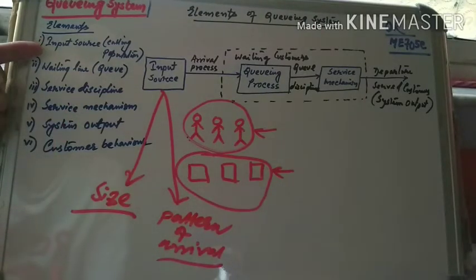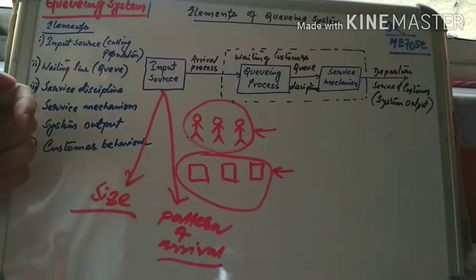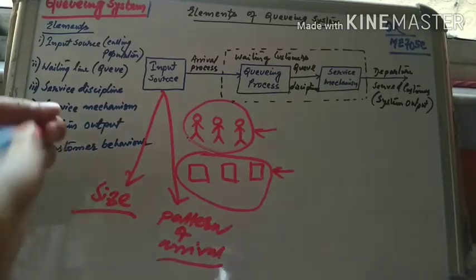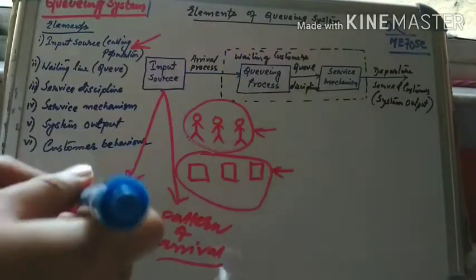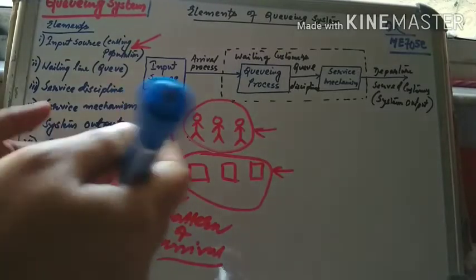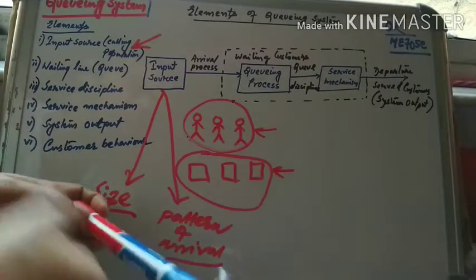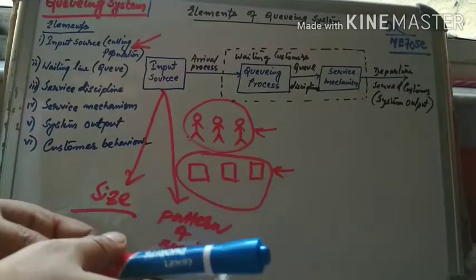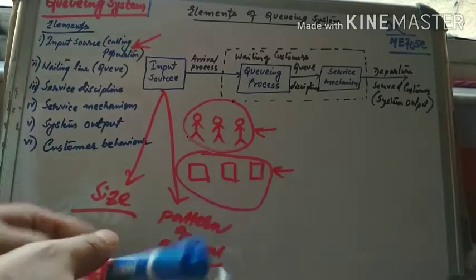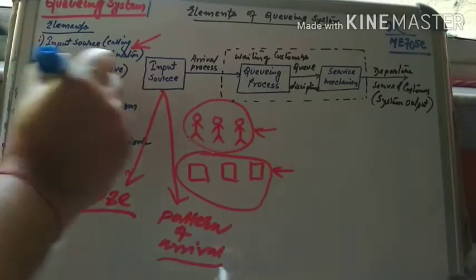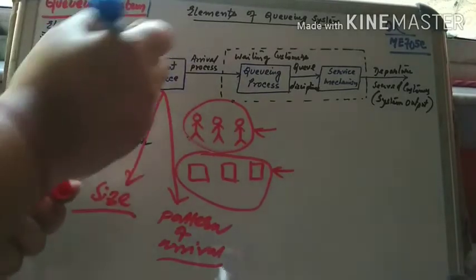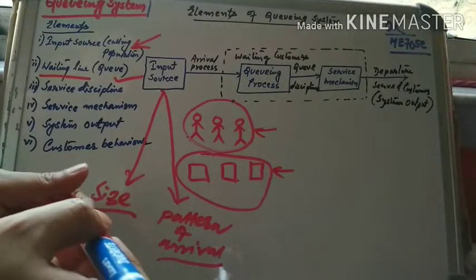First of all, it is the input source. We already defined what the input source is. Sometimes they also call it a population. In later videos, when we will be solving numerical problems of different models of queuing system, we will be calling this a population. Next we have the waiting line, that is the key thing in this particular chapter.